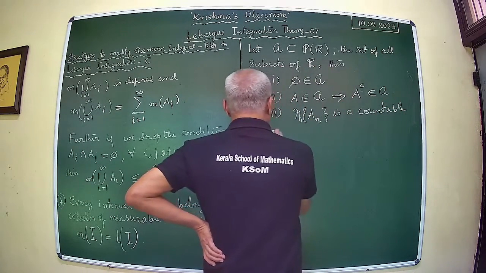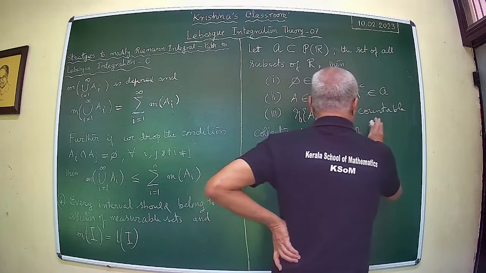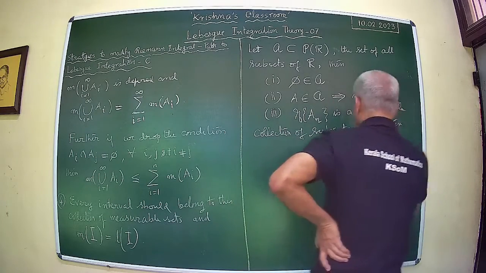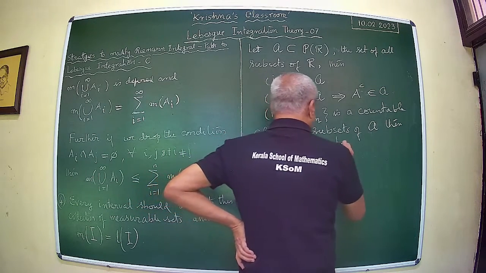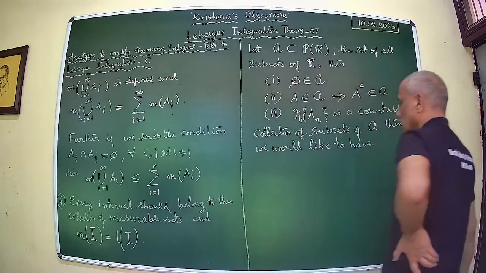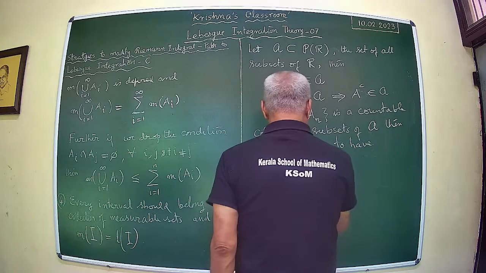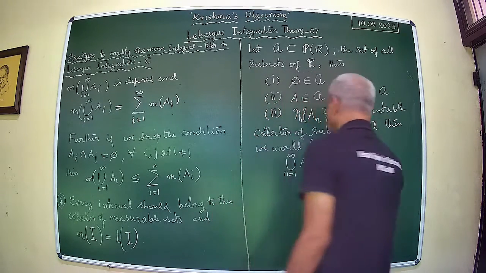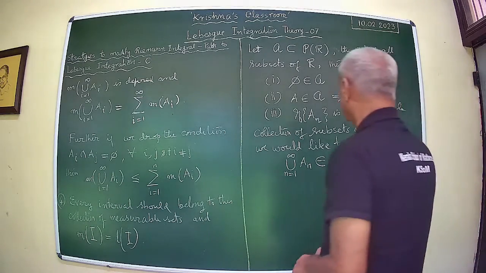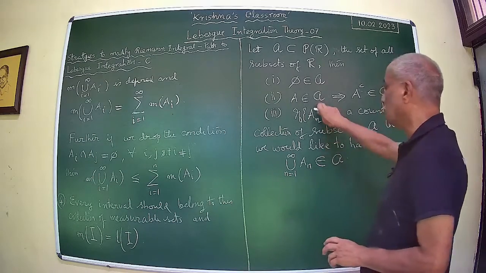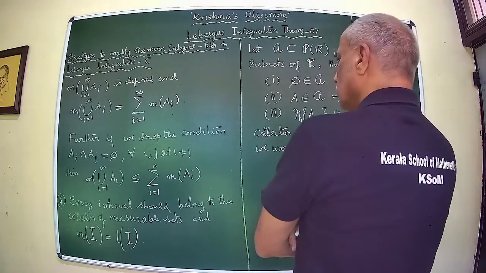If we have a collection of subsets in script A, then we would like to have the union, that means the union of any countable collection of subsets belonging to script A should also belong to script A.